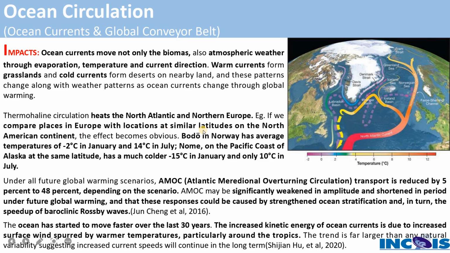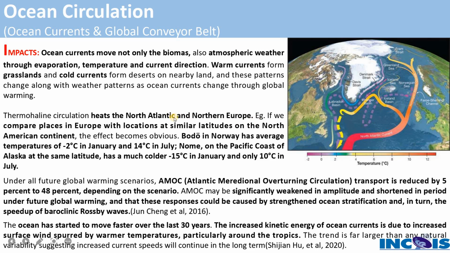And of course some of the studies are saying that if there is a change in the thermohaline circulation, how it is going to affect things, that we can also see. As I said before, this thermohaline circulation heats the North Atlantic and Northern Europe.